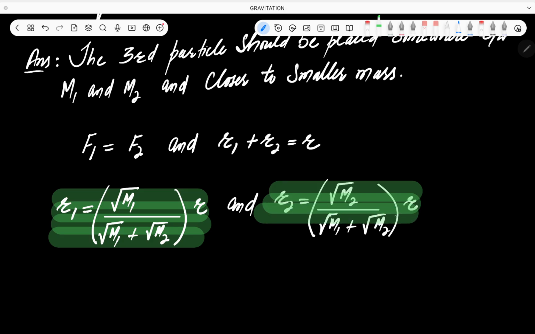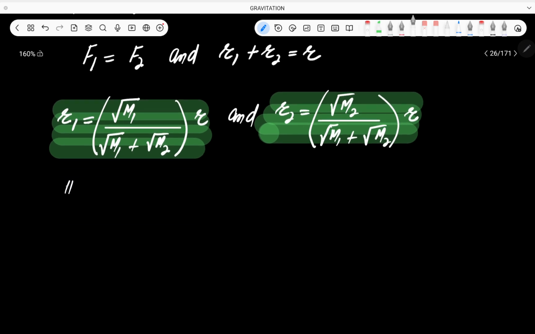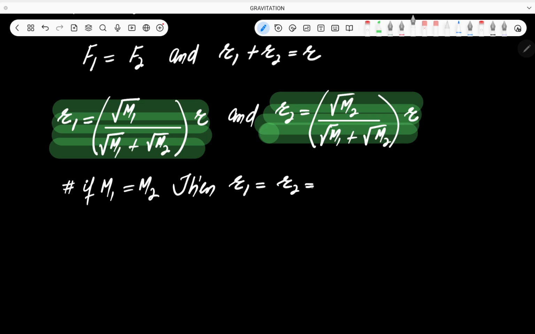Very, very important. This is important not only for gravitation but also for electrostatics. This equation will definitely be repeated in electrostatics. And one more thing to keep in mind: if m1 is equal to m2, that is, the two masses are the same, then in that case the point of equilibrium will lie at the midpoint, which means r1 will be equal to r2, which will be equal to r divided by 2.